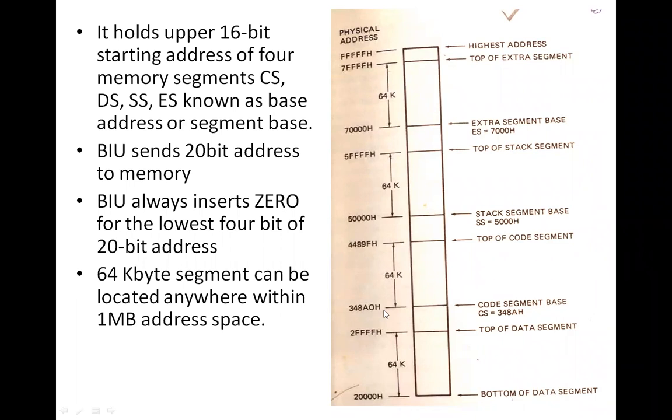It means this address, which will be generated, will be generated along with this base. If we add 0000 in this, we will get 348A. So actually, CS is 348A. It is shifted 4 bits left, so that on the right-hand side you get a 0, and then you add 00001, so that you get 348A1.